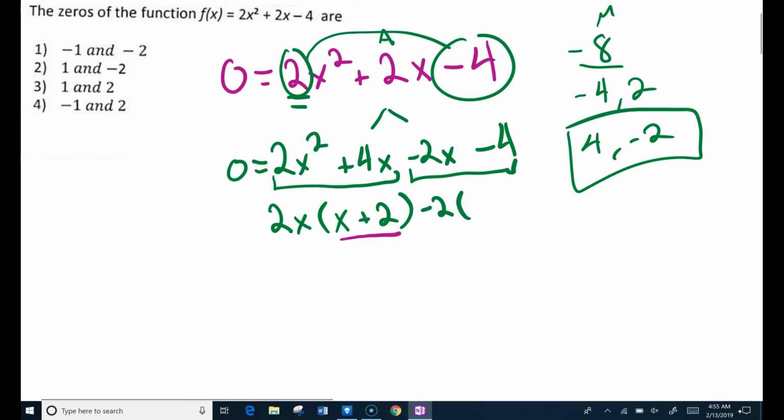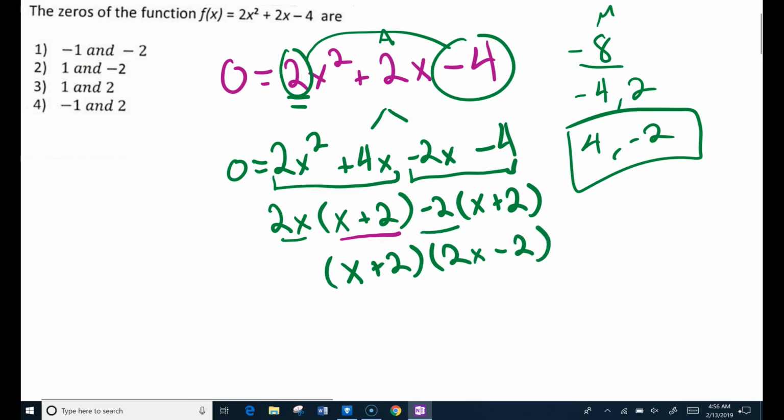So when I divide -2x by -2, I get positive x. And when I divide -4 by -2, I get positive 2. From here, I could pull out this x plus 2 from both terms. And I just rewrite what I have left. I've got a 2x in the front and a -2 in the back.